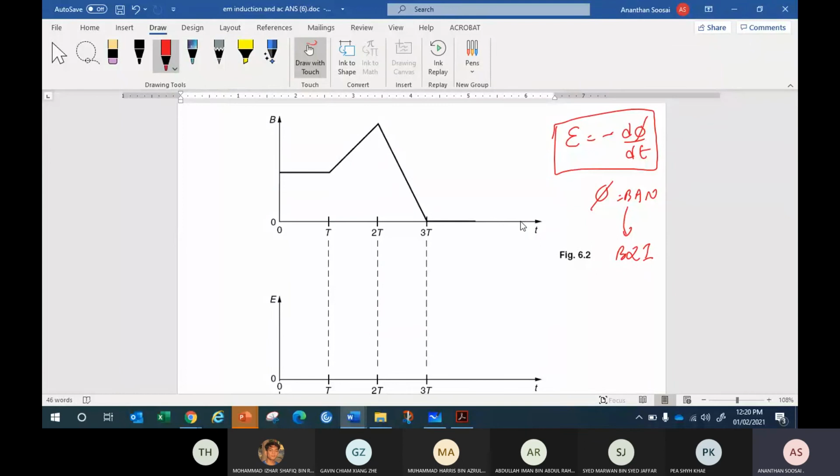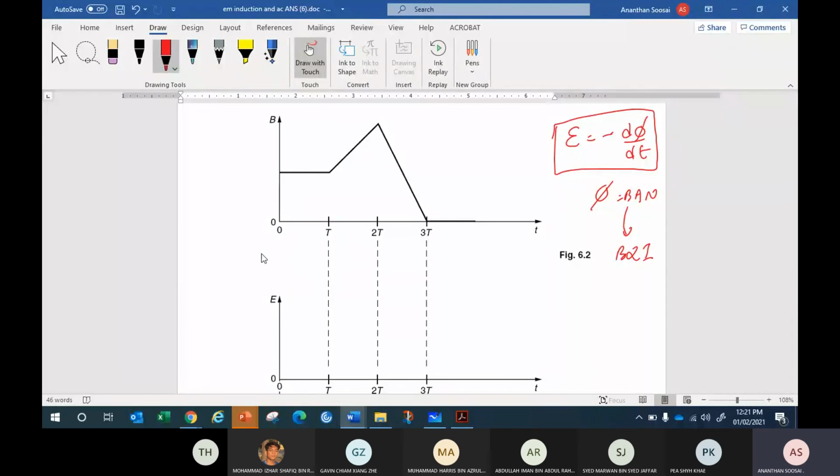Shike, I think you have to draw the last one, 3T and above. Yeah, that's fine, good. 3T and above, you should draw. Okay, class. So two of you sent me. Okay, one correct, one got a problem.